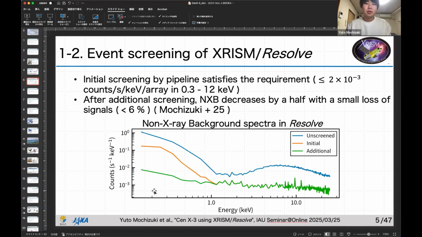So after the gate valve, after the cover opens, we can observe down to 0.1 keV. So we can observe the carbon emission lines and absorption lines. So yeah, I really hope it opens.